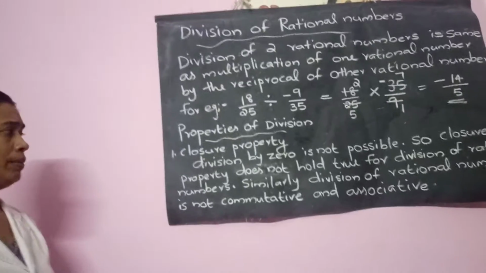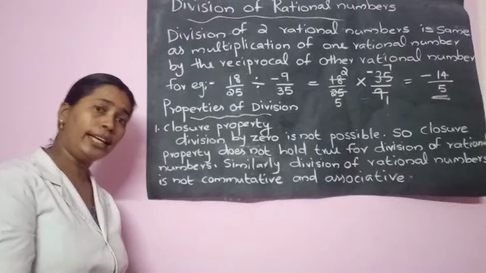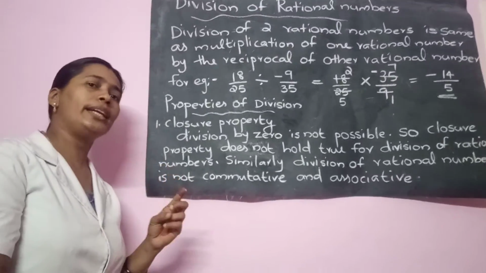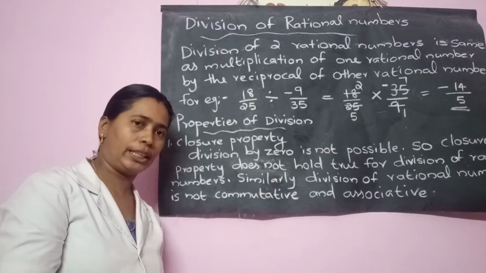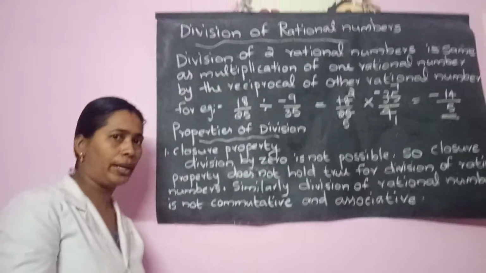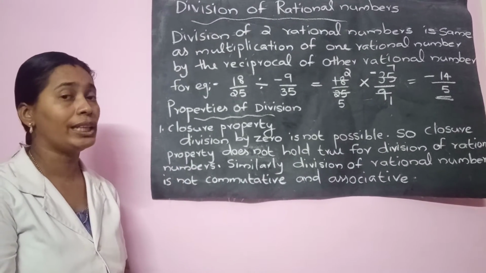Properties of division. First one is closure property. Closure property says that if A and B are two rational numbers, then after division the result is also a rational number. That is, A divided by B is also a rational number. But that is not true when the second number is 0.